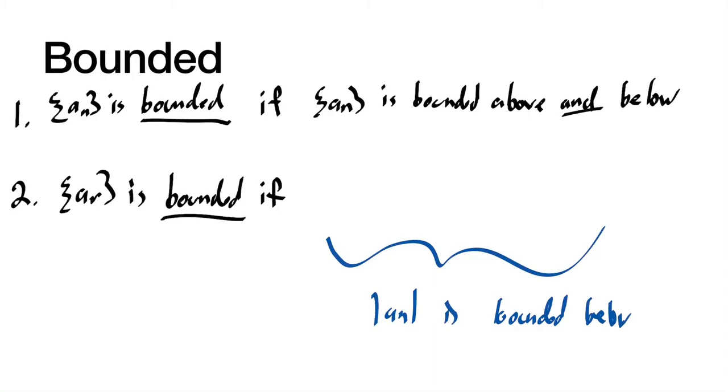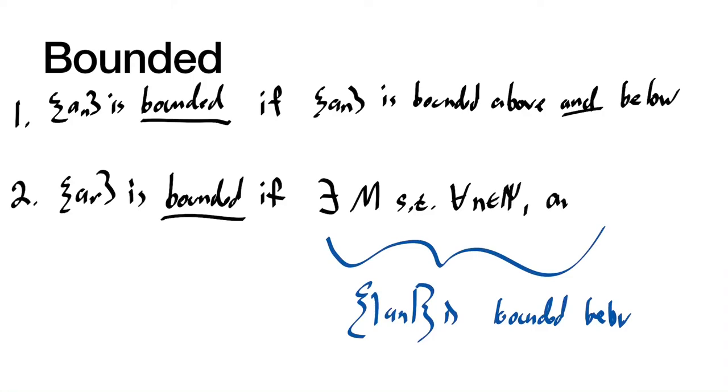I needed my little curly brackets here. So a_n is bounded if the absolute value is bounded above. But let's remember what bounded above means. It means that there exists a capital M such that for all natural numbers n, the absolute value of a_n is less than that capital M.